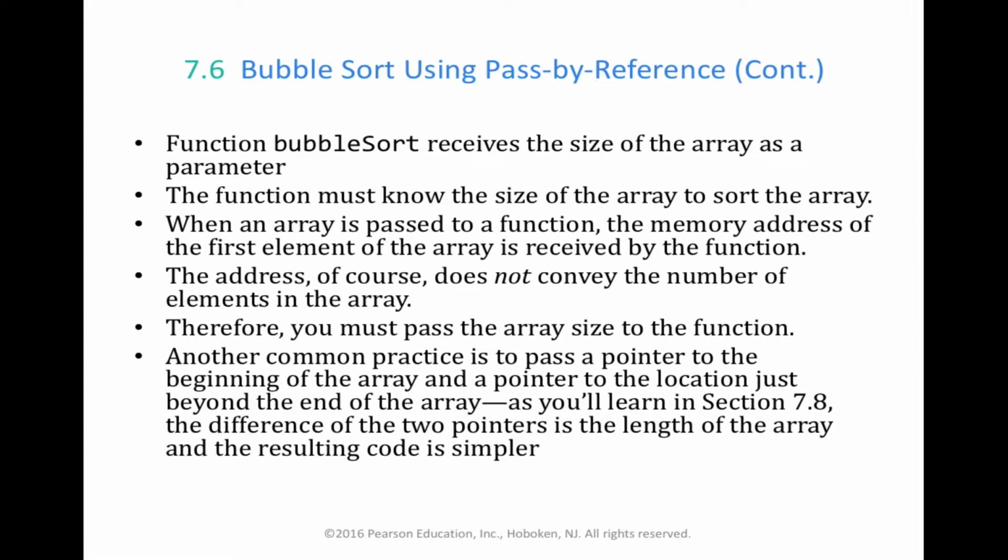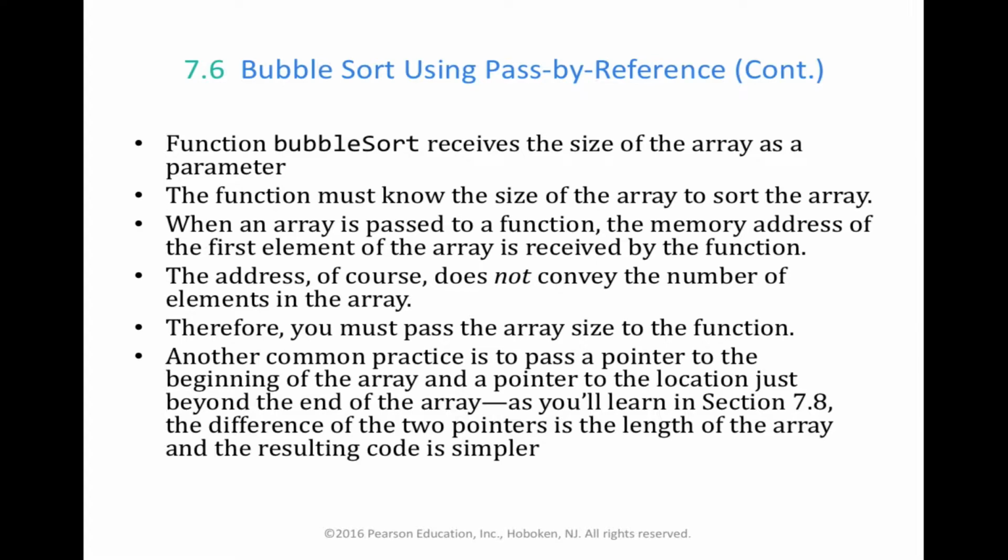The function bubble sort receives the size of the array as a parameter. The function must know the size in order to sort the array. Okay, we have to know the size. We can't just go through until we hit some sort of null termination character. Of course, this isn't a string, so that's not even an option here. This is an integer array.